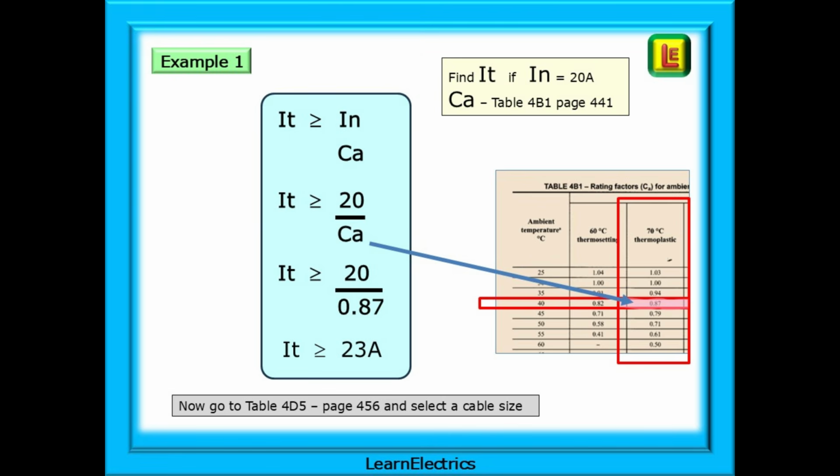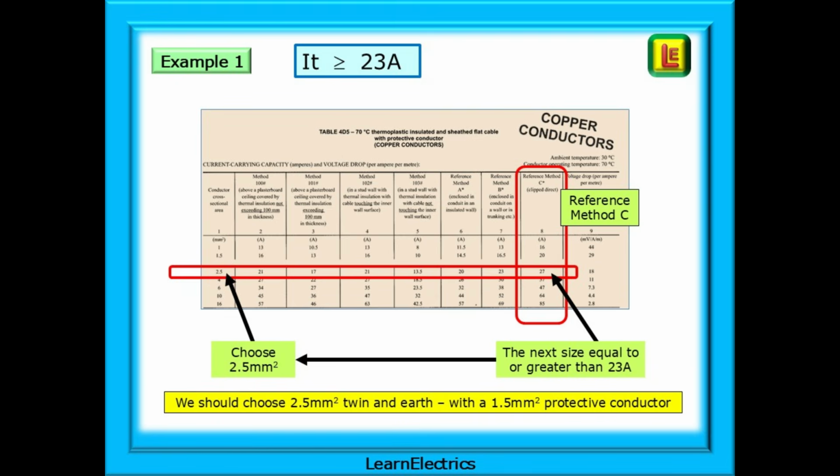Now we can go to Table 4D5 on page 456 and select a suitable cable size. It, the current that the cable can carry without overheating, has to be 23 amps or greater. We are told in the question to use reference method C, so find this column.